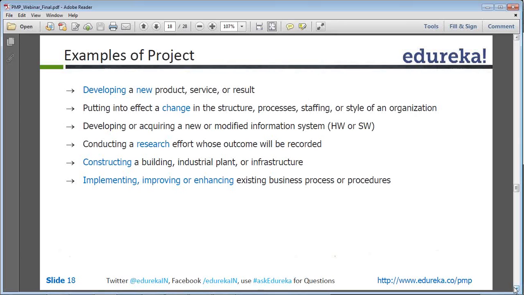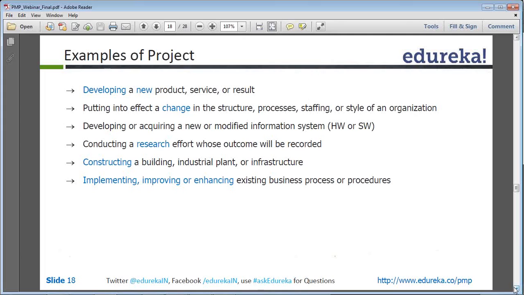Examples of projects: developing a new product, putting into effect a change in the structure, which is like a business process reengineering project, developing or acquiring a new or modified information system, that means a new ERP or something getting implemented, conducting a research effort, like a drug discovery for a pharma company, constructing a building, an industrial plant, or any infrastructure like road, dam, whatever, is a project.